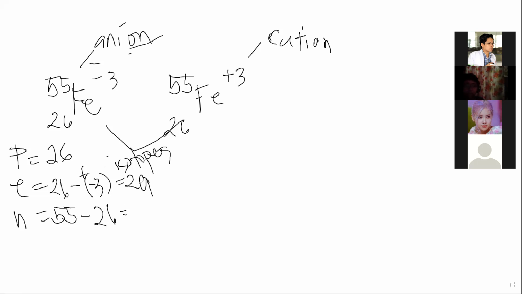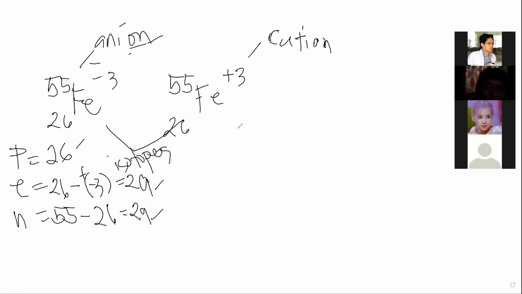Okay? 55 minus 26 is 29. So we have 26 protons, 29 electrons, and 29 neutrons.